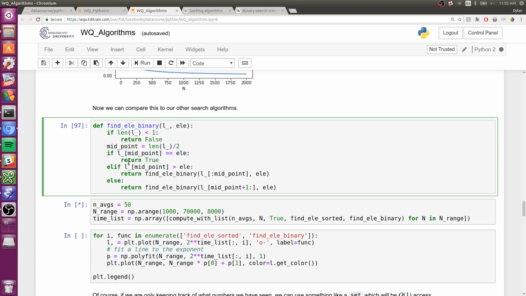Otherwise, if the midpoint is larger, then we're going to apply the exact same technique, this binary search, to the sublist that is to the left of the midpoint. And if the midpoint is less than the element, we're going to apply binary search to the sublist that is to the right of the midpoint.